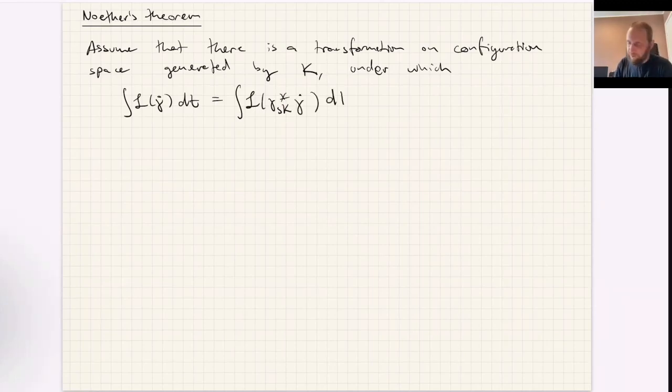So the action is indeed invariant under this transformation. Then Q equals m(K, gamma dot) is a constant of motion.